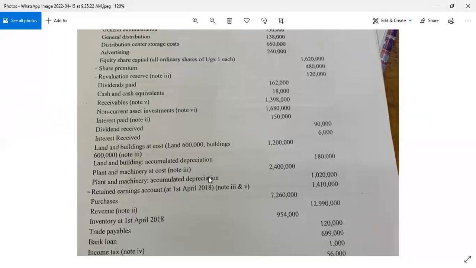Then we have accumulated depreciation. Allow me also take those figures. I want to come back to the trial balance. Accumulated depreciation for plant and machinery is 1020.